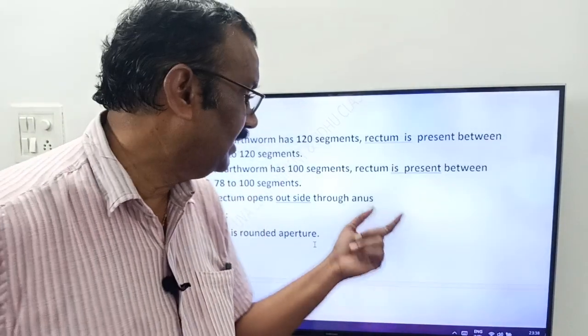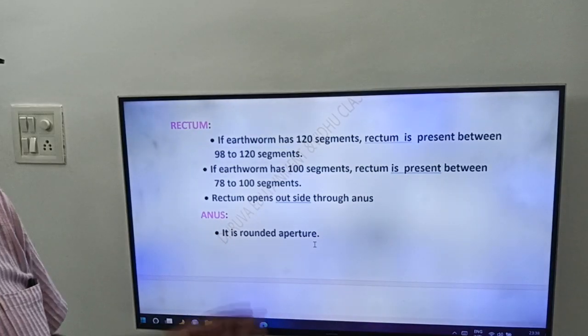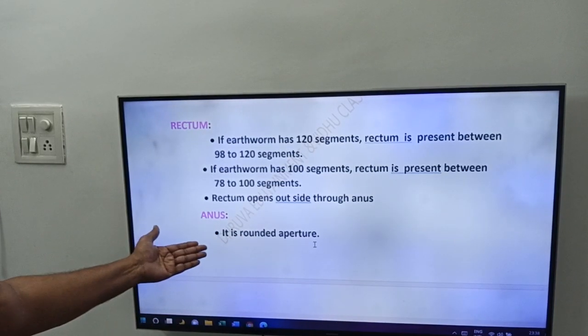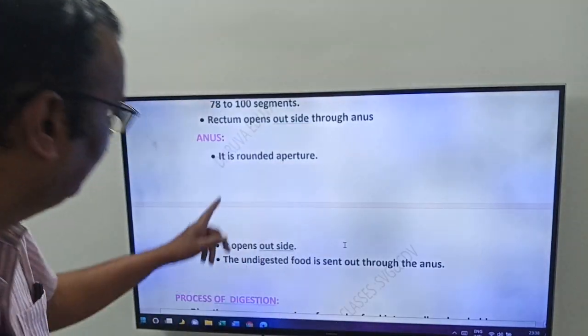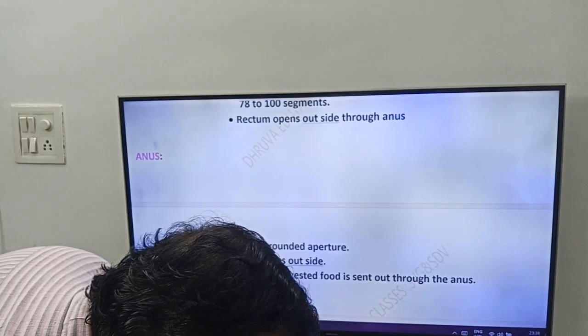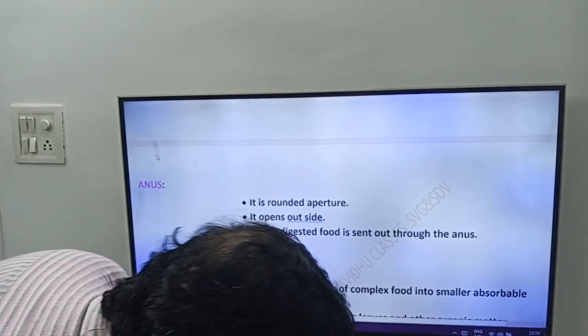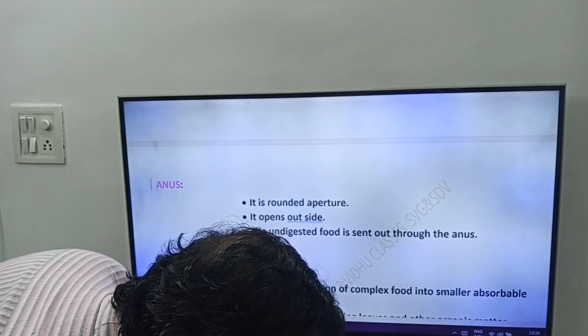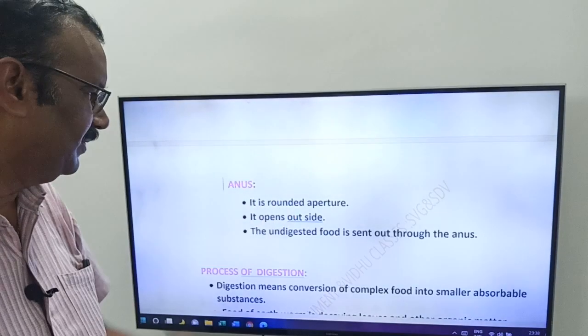This rectum opens into the anus. The anus is a round aperture.